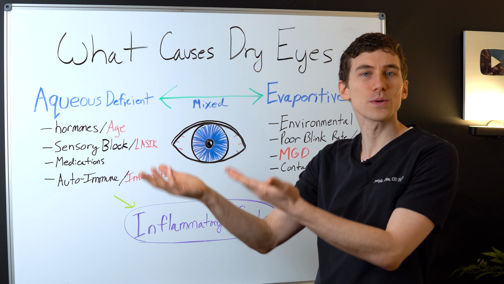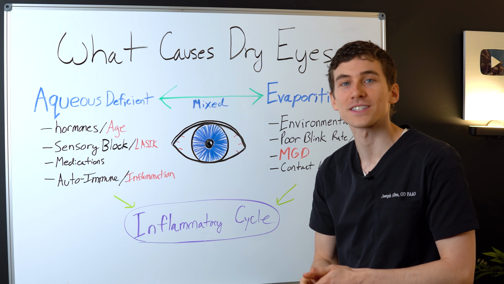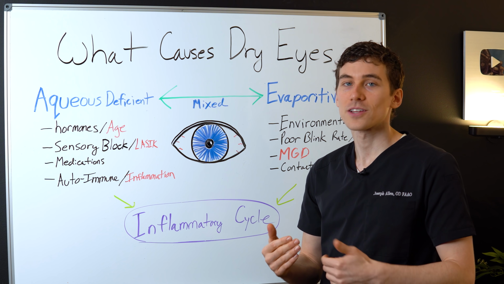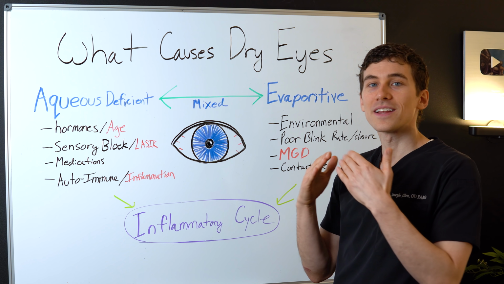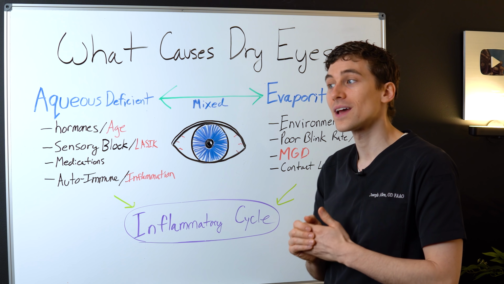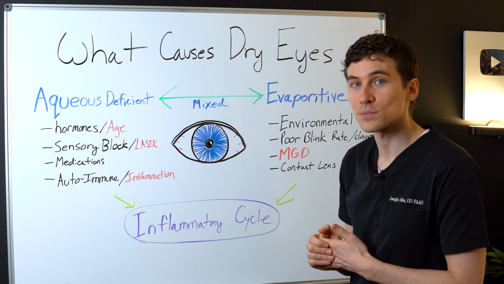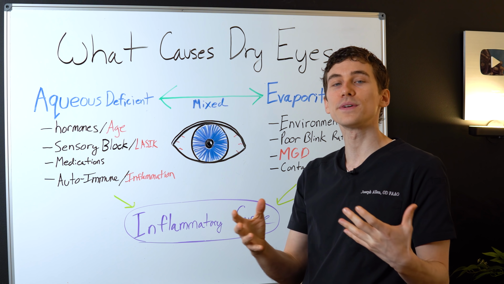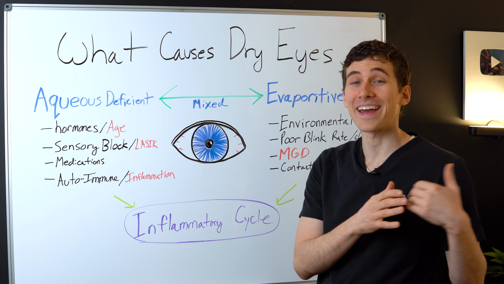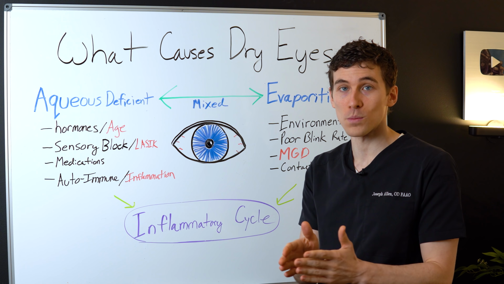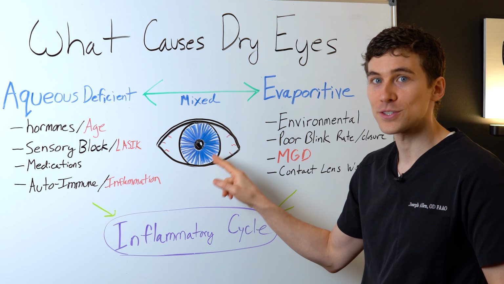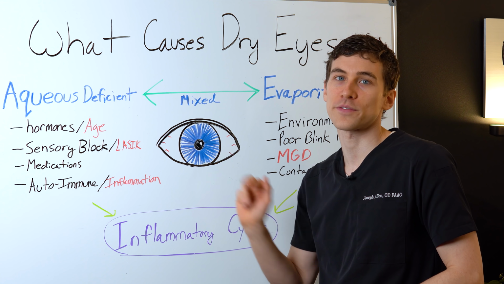You're losing the liquid portion of your tears, but the salt content of the tears stays behind. So if the salt content stays behind, it's going higher and higher in salt, and we call that hyperosmolarity. That means the equilibrium of the surface of the eye has shifted away from normal. And that can cause damage to cell membranes on the surface of the eye.